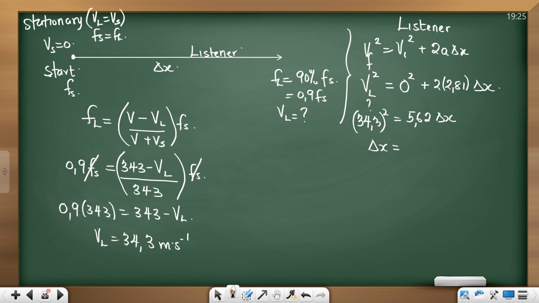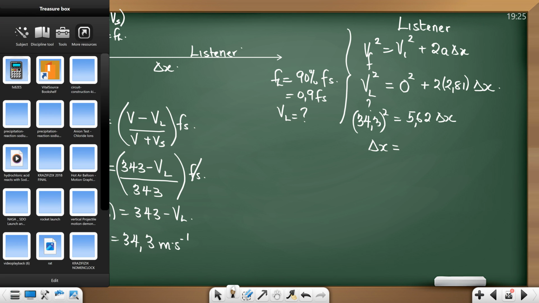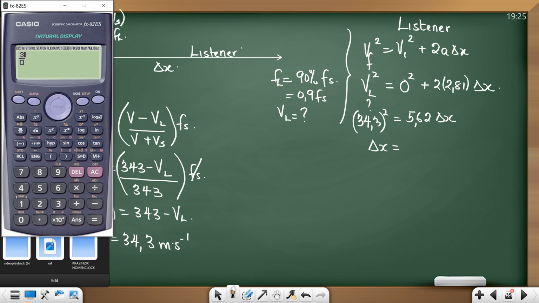What's your answer? Child, why is it taking you so long? It's 34.3 squared, are you doing university maths? Divided by 5.62. We are done there. Simply 209.34.